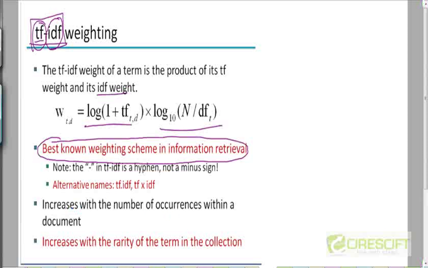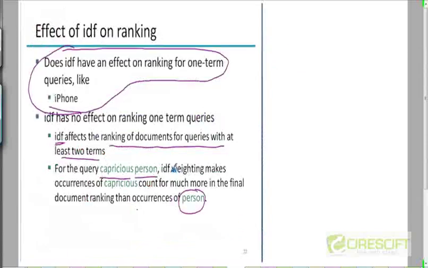Let's look at the intuitive behavior of this score. As you can see, when the term frequency increases, the score is also going to increase. That makes sense. It makes sense that this score is increasing with the number of occurrences of terms in a document, and that's what we wanted.